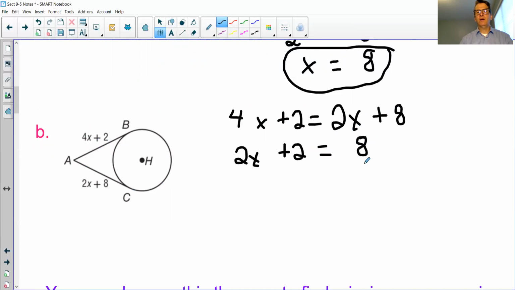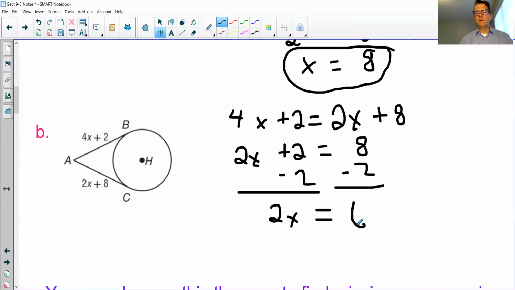Subtract 2 from both sides, and I have 2x is 6. And x is 3. So those aren't too tough.